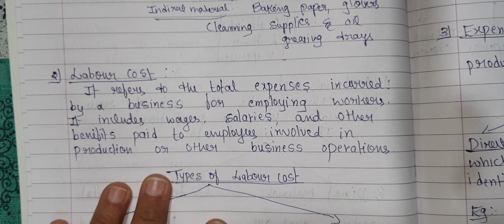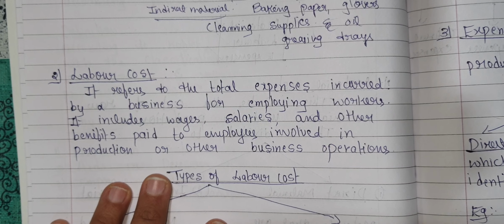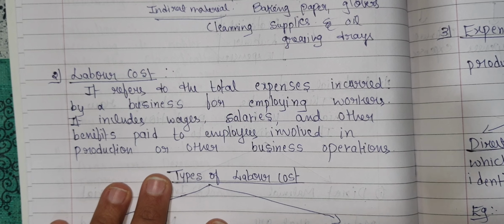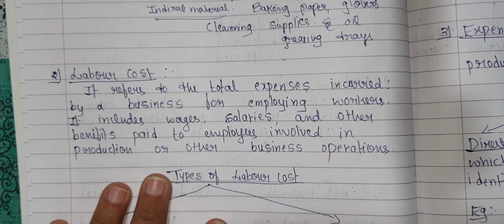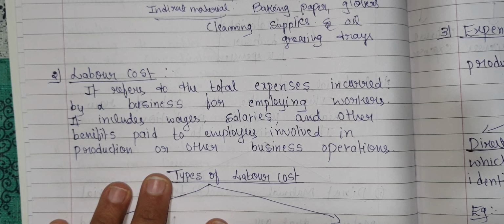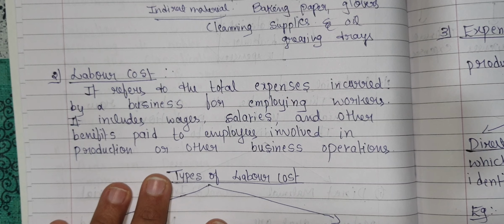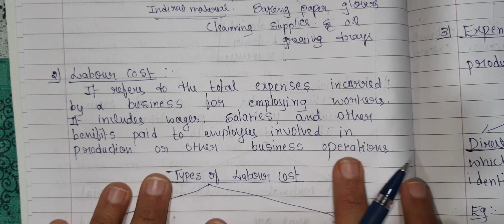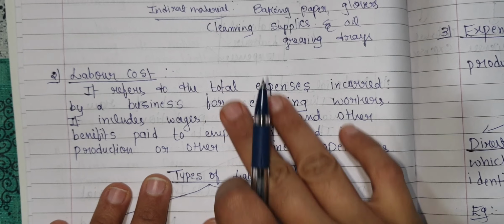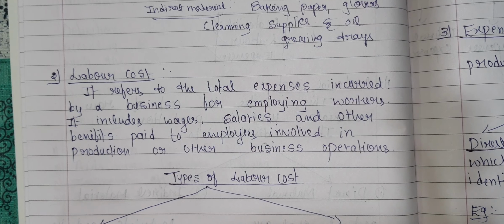If we are employing workers, we have to pay them wages and salaries, and we have to pay some other benefits, like bonus, paid to the employees involved in the production or other business operations. This is called labor cost.